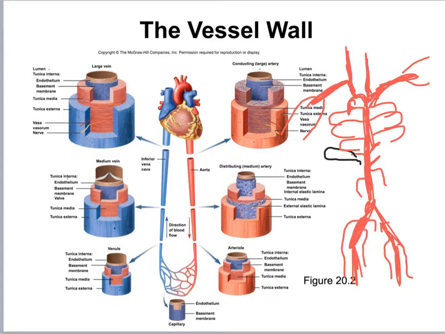Distributing arteries have a tunica interna, much the same, endothelium, basement membrane. Thin internal elastic lamina. These need to be a little bit stretchy, but not super stretchy. They have a somewhat thicker and more muscular, at least relatively thicker, tunica media, and by percentage, it's much more smooth muscle, less elastic tissue.